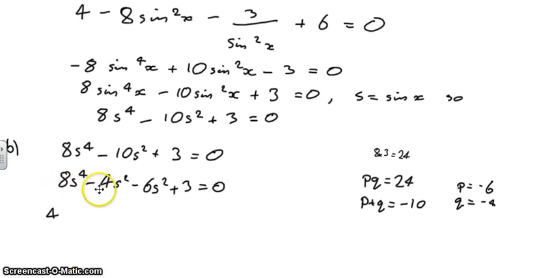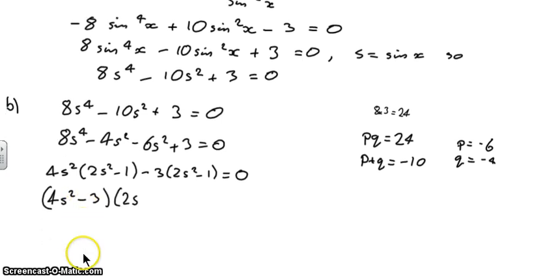And now that enables us to factorise these first two terms: 4s squared times 2s squared minus 1, take away 3 times 2s squared minus 1 equals 0. So these two parts here can become the first bracket: 4s squared minus 3 times 2s squared minus 1 equals 0.